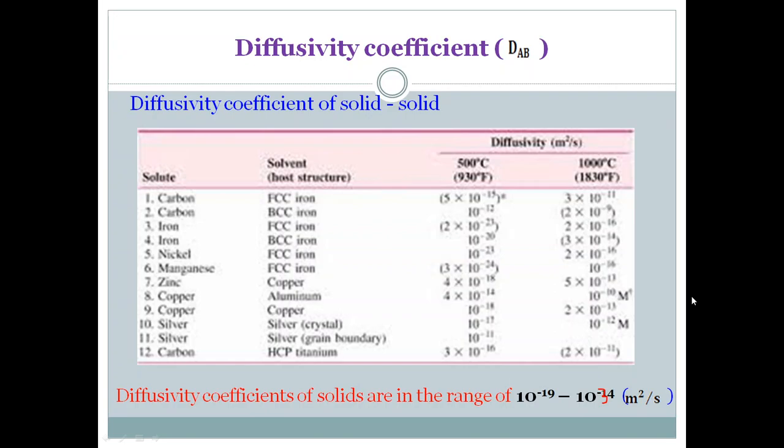Gas-solid will be around 10 to the power minus 12, and solid will be 10 to the power minus 19 to minus 34. You should have that initial judgment of how much it will be. So this is how the diffusivity coefficient of various systems varies in this range.